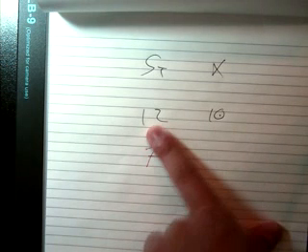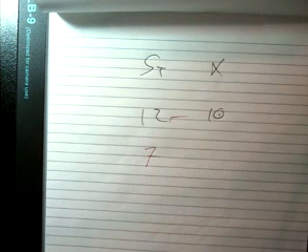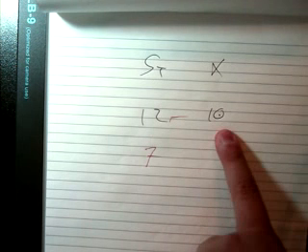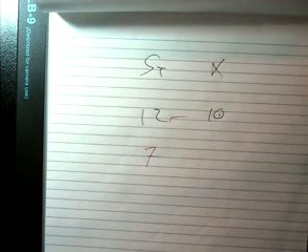Simply 12 minus 10, or in general, ST minus X, which will be a positive number, corresponding to this scenario. Okay, so that's the easiest discussion on what an option contract entails from the point of view of the buyer, the holder, etc. Okay, so that's one thing.